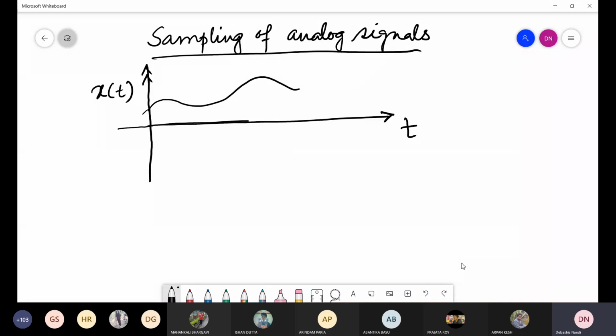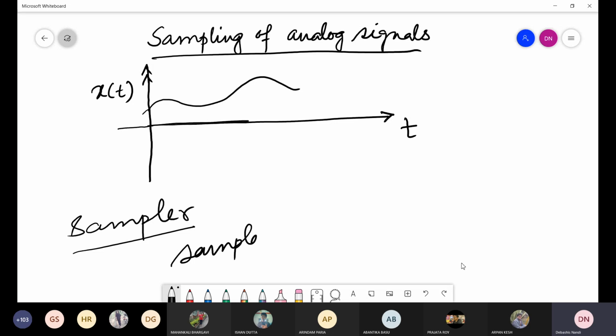Now, if I want to sample this signal, one particular electronic device is available to us. This is called a sample and hold circuit. Sometimes it is called a sampler.